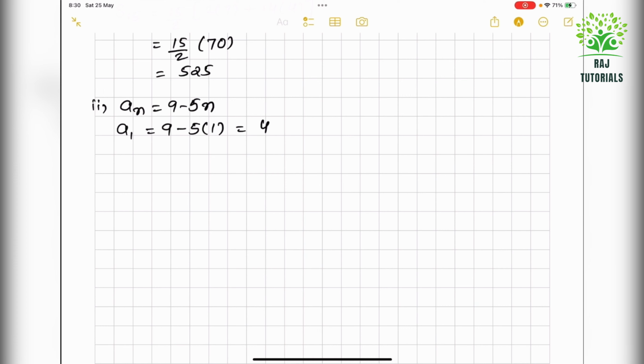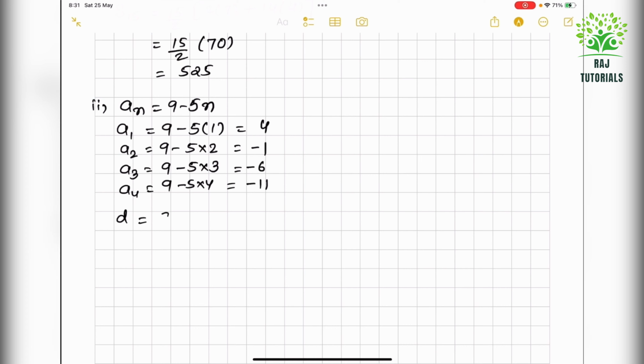So that will be 4. a2 will be 9 minus 5 into 2, so 9 minus 10, so minus 1. a3 will be 9 minus 5 into 3, so 9 minus 15 will be minus 6. a4 equal to 9 minus 5 into 4, so minus 11. So if I want to find D, a2 minus a1, minus 1 minus 4, that is minus 5.